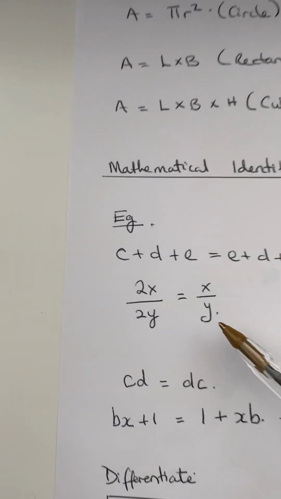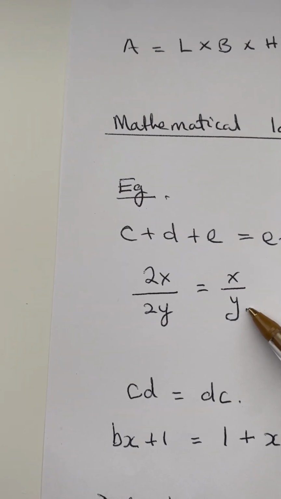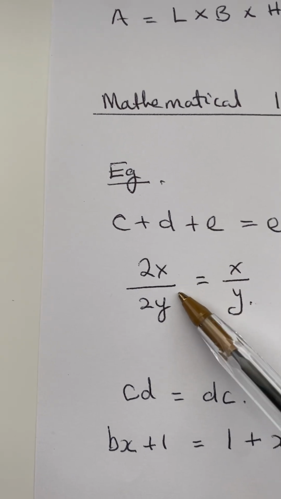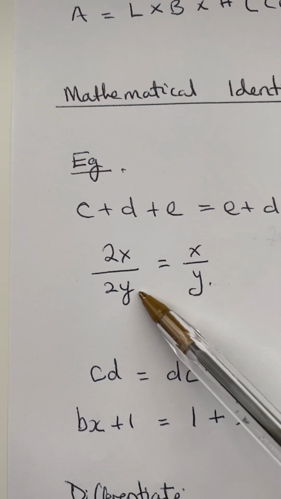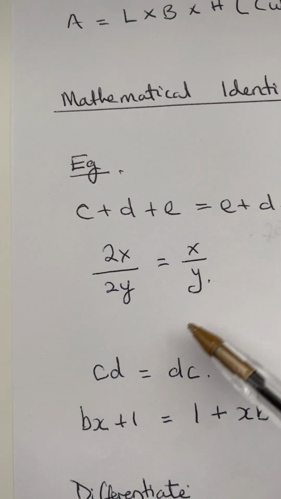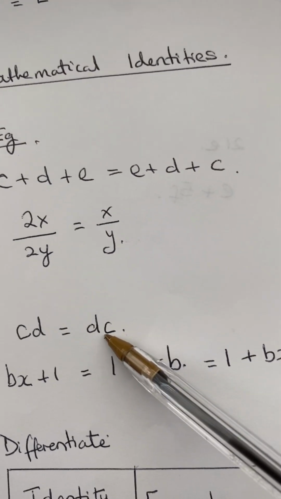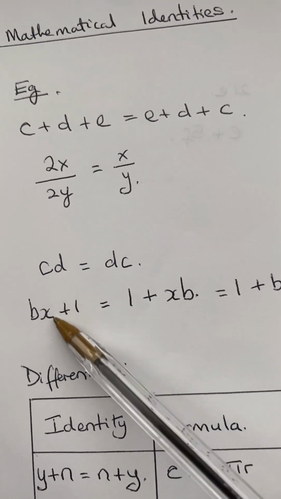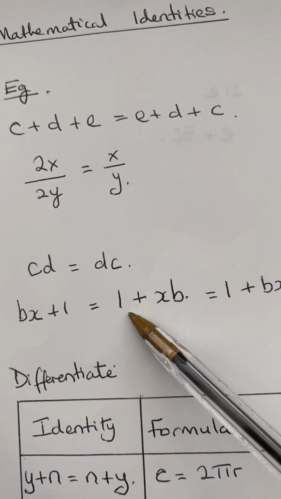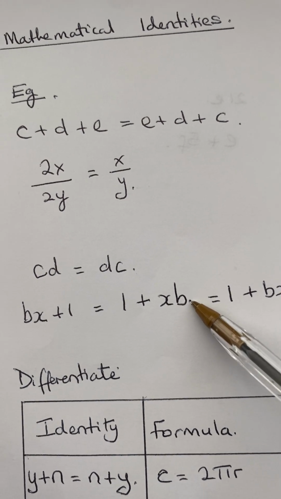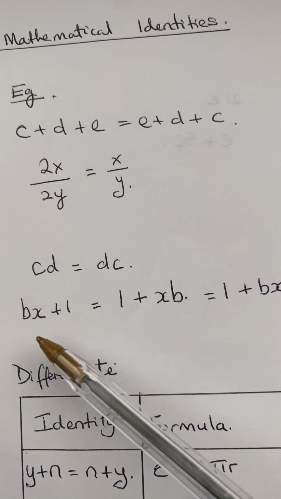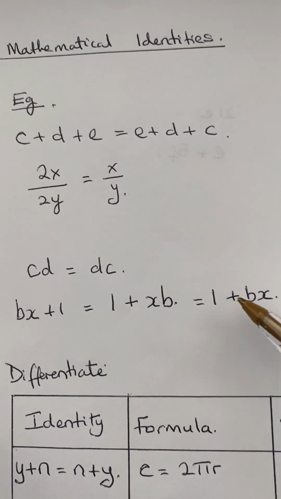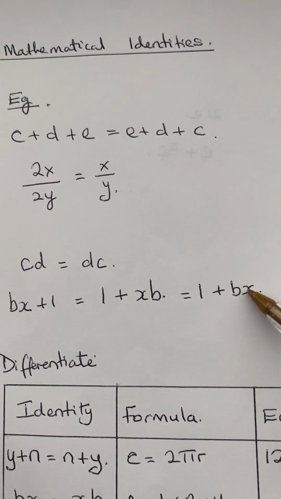So these are the examples I have for you here. 2x over 2y equals x over y. cd equals dc. They are all identical. bx plus 1 equals 1 plus xb, because bx I can write as xb, or 1 plus bx.